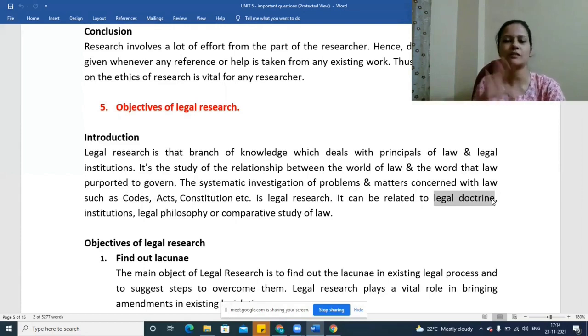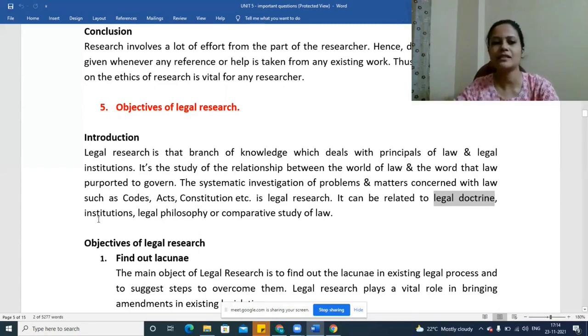That means whoever is polluting the environment will pay to make it good, to restore the situation. So that is nothing but the polluter pays principle. On that doctrine also we can take up a research.